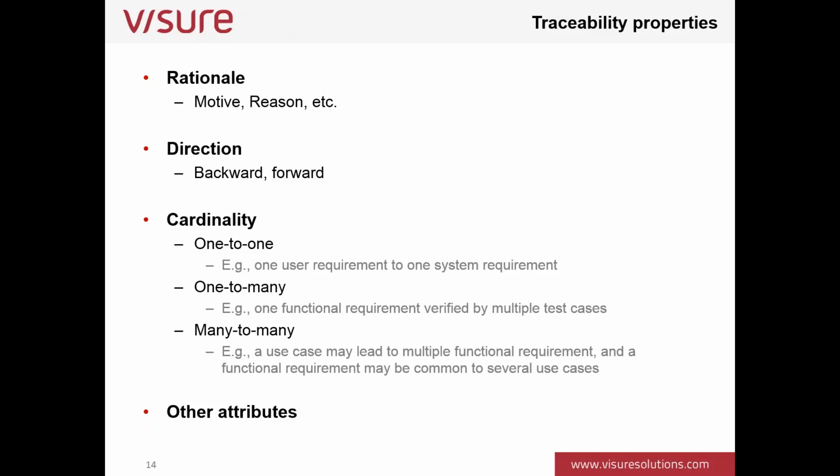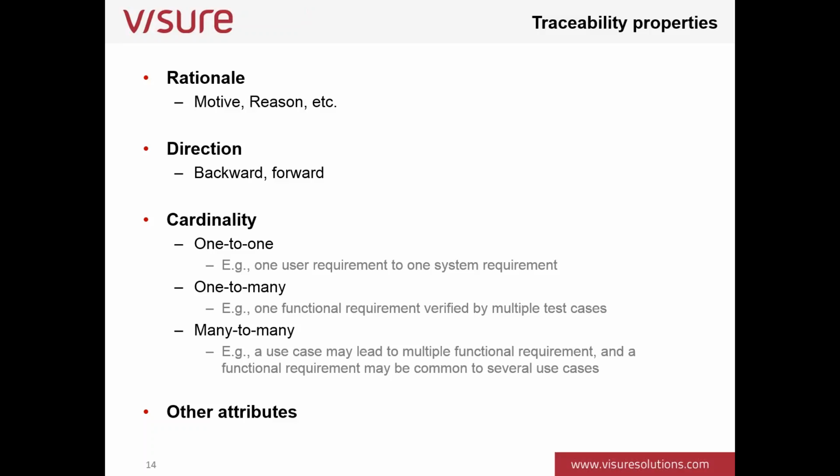It's not the same if the requirement is constraining another requirement, or if the requirement is specifying or satisfying another requirement. The direction of the trace is another important property. It's not the same if a high-level requirement is traced with a low-level one, or the other way around.